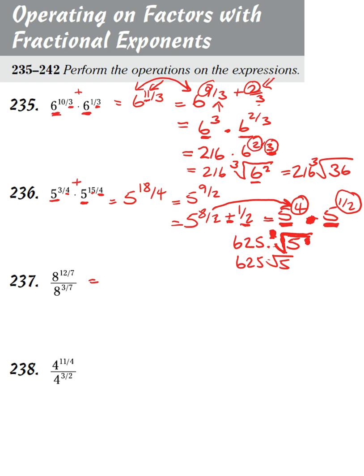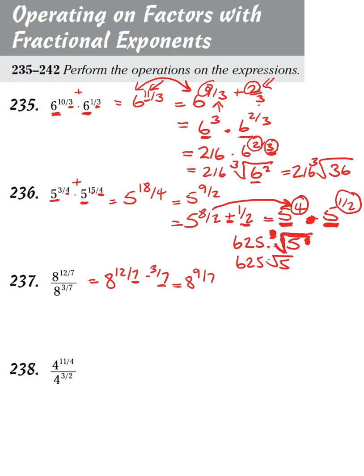So it's going to be 8 to the 12 sevenths, minus, we subtract the exponents, minus 3 sevenths. Denominators are the same, so we can just subtract the numerators. So it's going to give us 8 to the 9 sevenths.